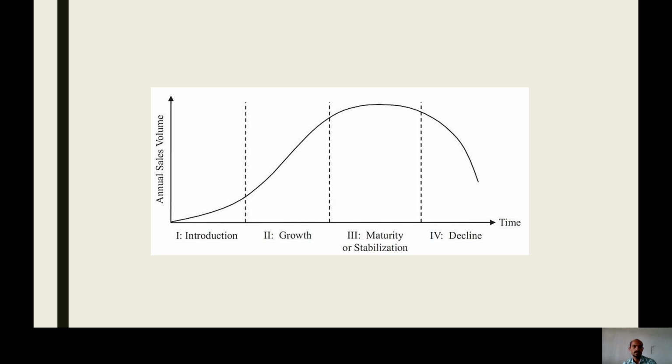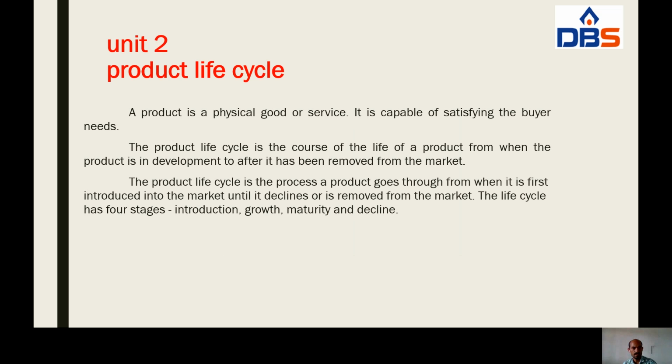In the product life cycle, we have four stages. That is, the first one is the introduction stage, the second is growth, the third is maturity, and the fourth is decline. In the introduction stage, sales are very low because the product is newly introduced into the market. Then comes the growth stage, where sales are rapidly growing.